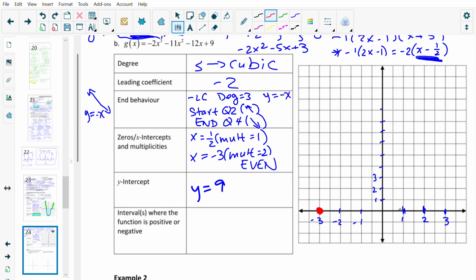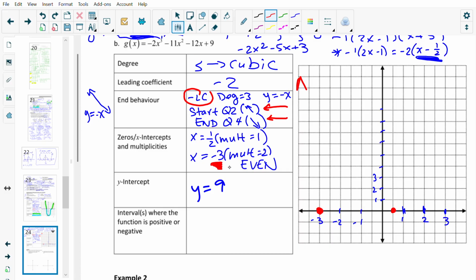Okay, so -3, I'm going to plot my points. I have -3, and I have positive 1/2, so 1/2 right there. Okay, it starts in quadrant 2, and it ends in quadrant 4. This is a cubic, so it has that S shape. It's a negative LC, so that's why it starts in quadrant 2.